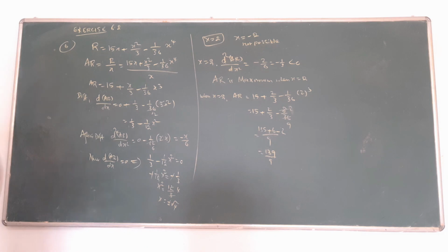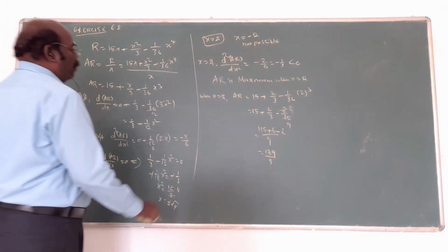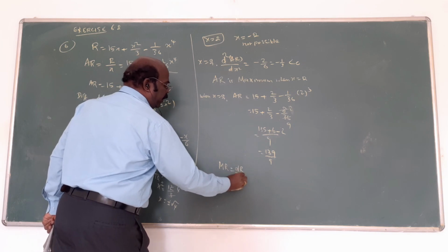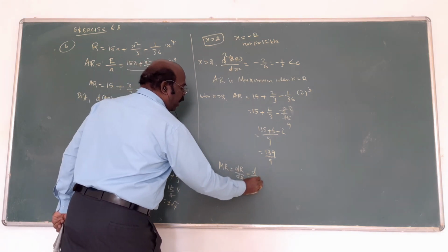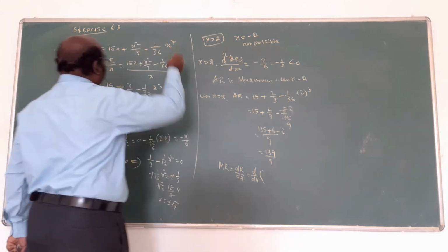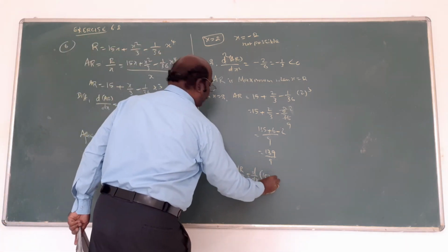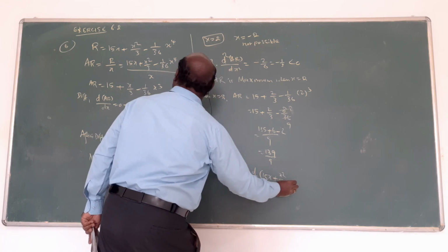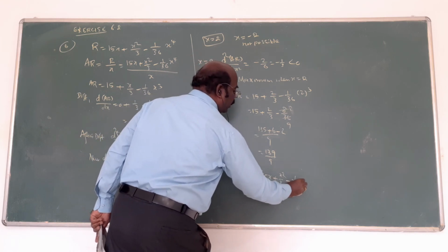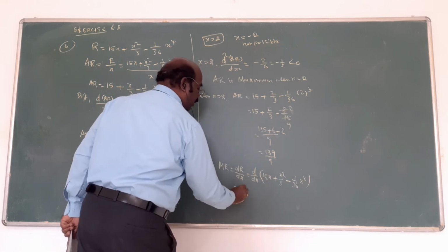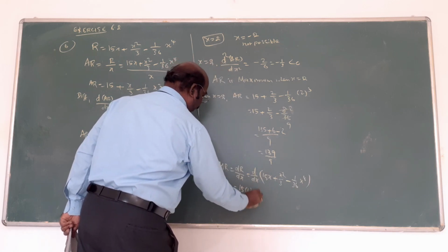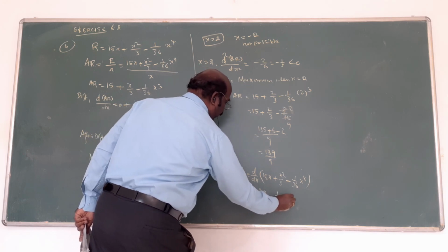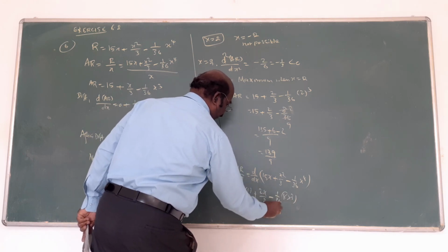Similarly, you put the same value when the marginal revenue is what? Marginal revenue dR by dx is given, 15x plus x square by 3 minus 1 by 36 into x power 4. Now simplify: 15 into 1 plus 2x by 3 minus 1 by 36 into 4x cube. Okay, cancel.